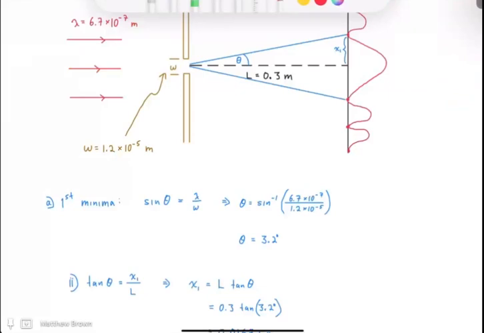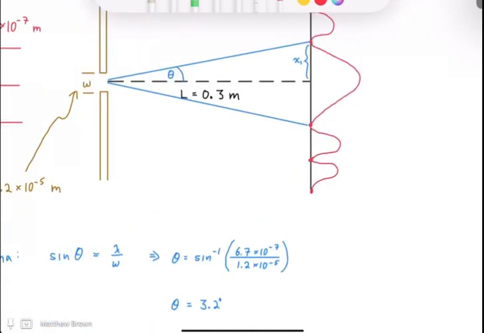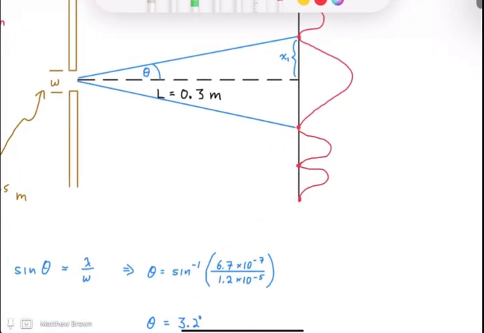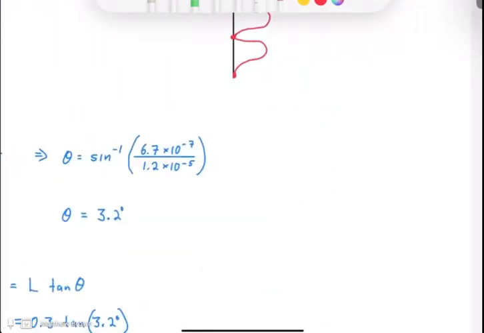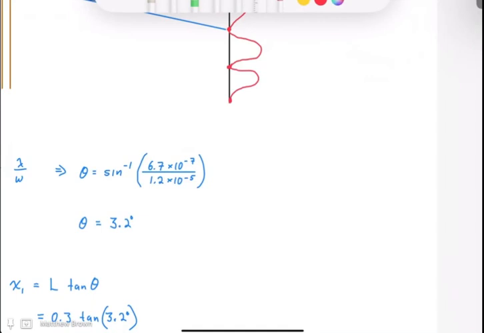So if I want to tell you the central maximum in terms of degrees, it's really going to be double that, because it's going to be that same angle here as well. So theta 1 is just 2 times that, which would be 6.4 degrees.